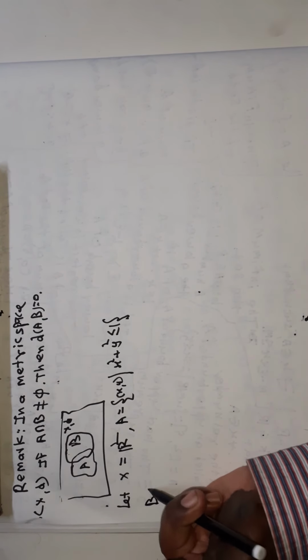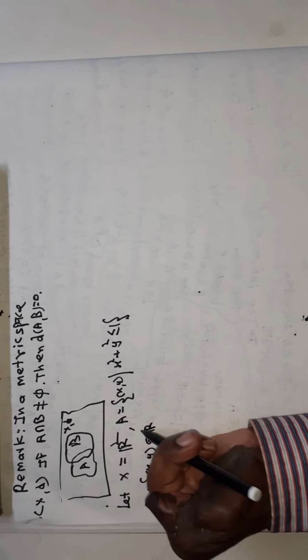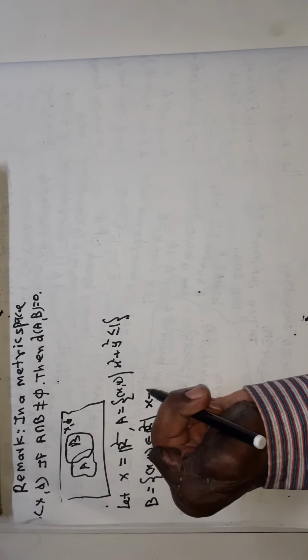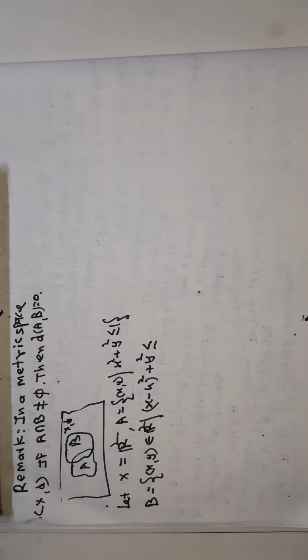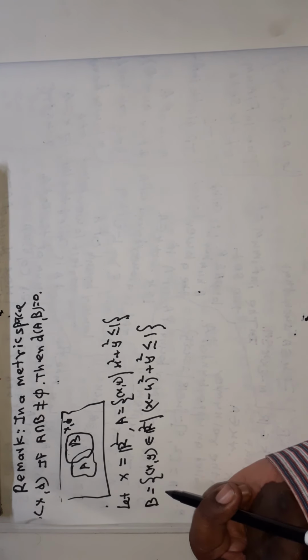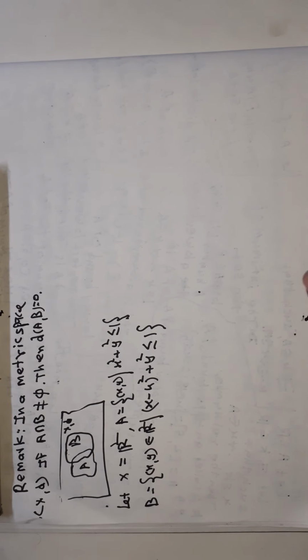B is the set of (x, y) belonging to R2 such that (x minus 4) squared plus y squared is less than or equal to 1.